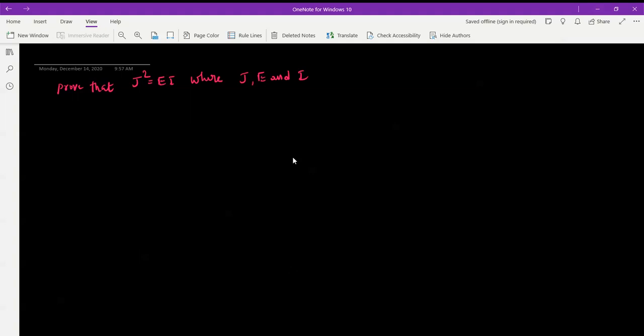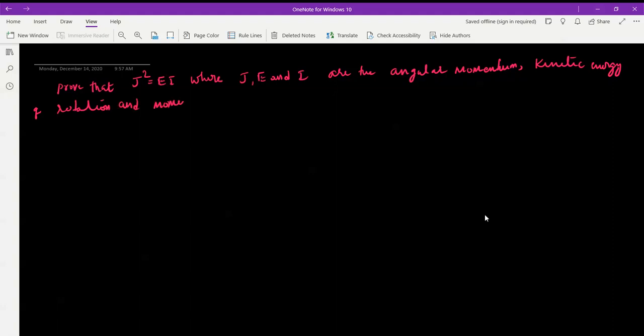Prove that j square is equal to ei, where j, e and I are the angular momentum, kinetic energy of rotation, and moment of inertia.